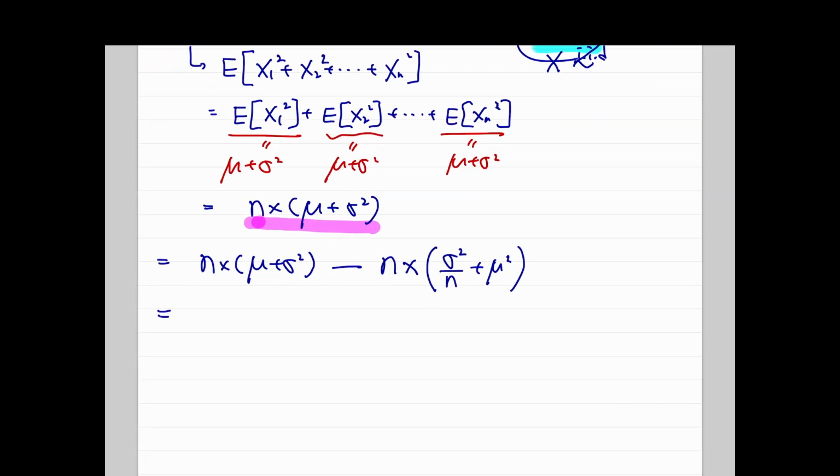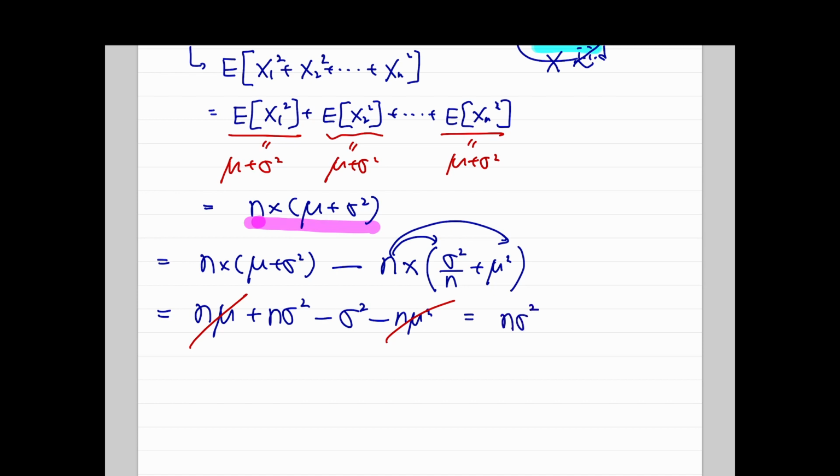So the n mu square terms cancel out, and it equals n sigma square minus sigma square.